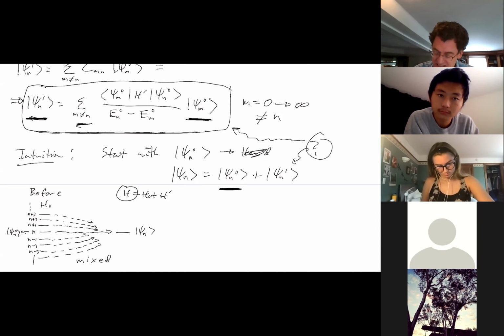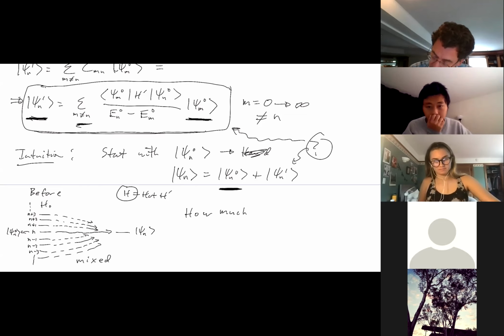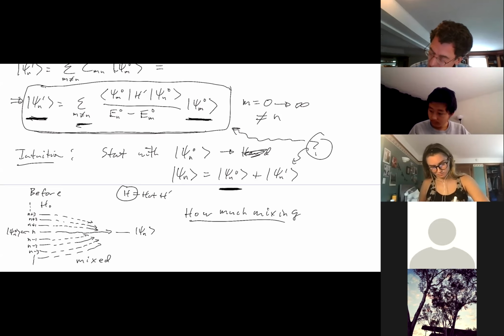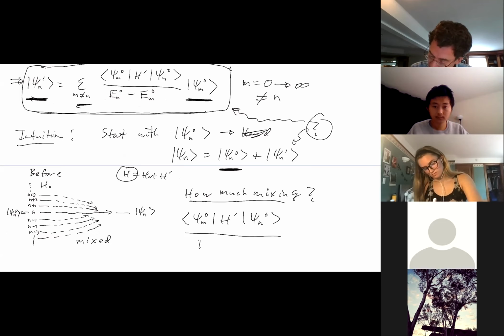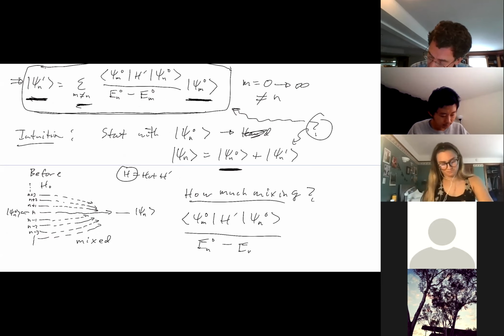You see that? And so the question is, how much mixing? How much does each of those states get mixed into the old state? Well, the amount of mixing is psi m naught h prime psi n naught divided by E n naught minus E m naught.